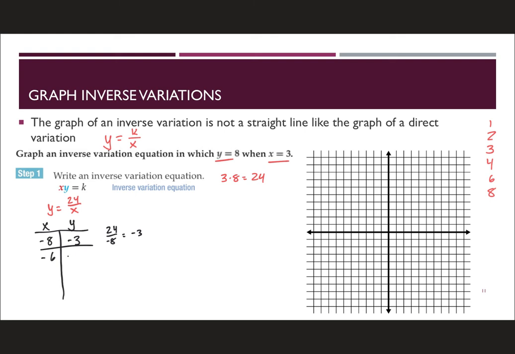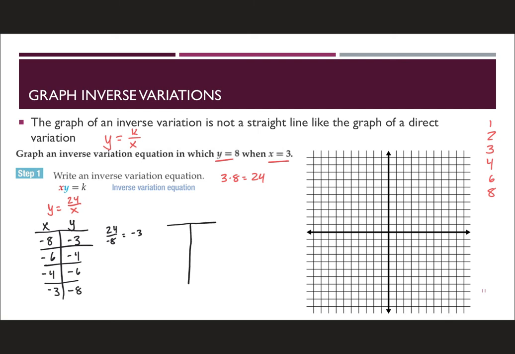If I plug that in, I would get a negative 4 out. Going down my list again, I got negative 4. This would give me a negative 6. And then a negative 3. Well, that would give me a negative 8. Again, all I did was take my x values that I knew would work and plugged them into my equation.